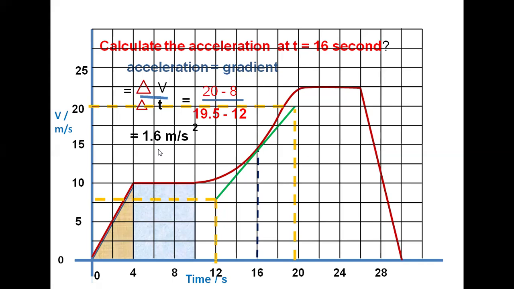So acceleration is 1.6 meter per second square. So we always draw a tangent at that point when the graph is a curve.